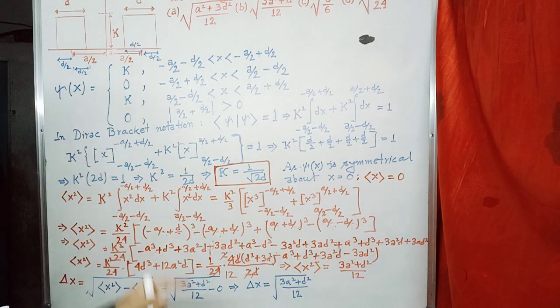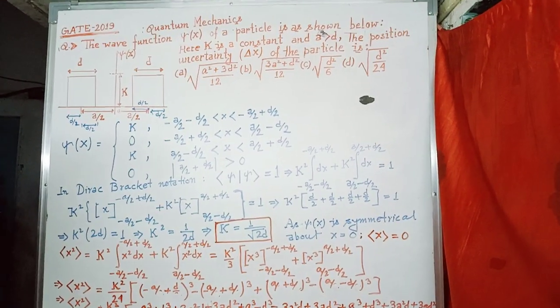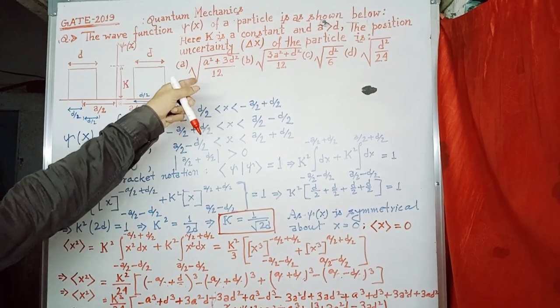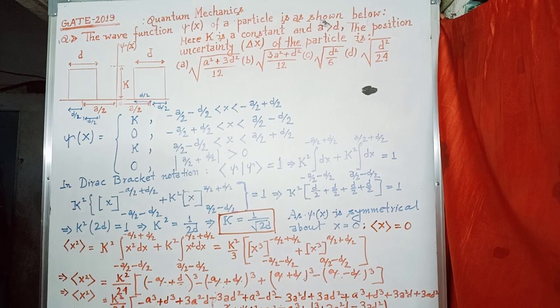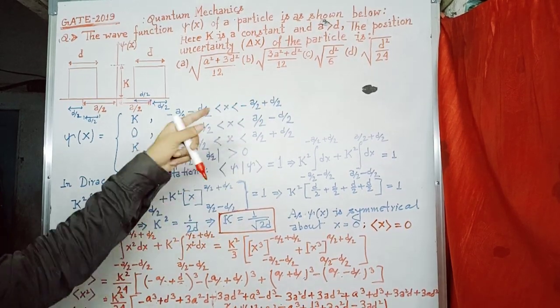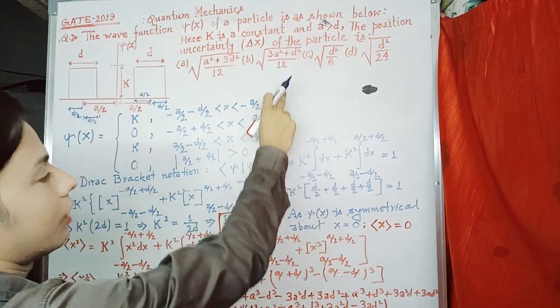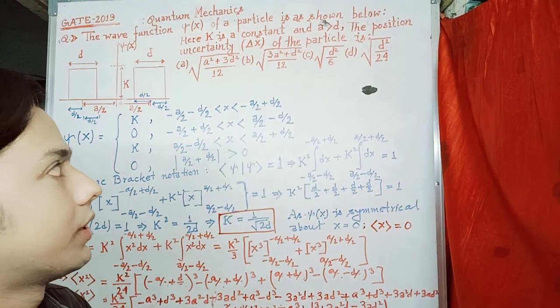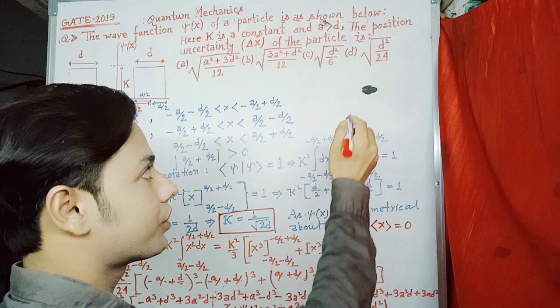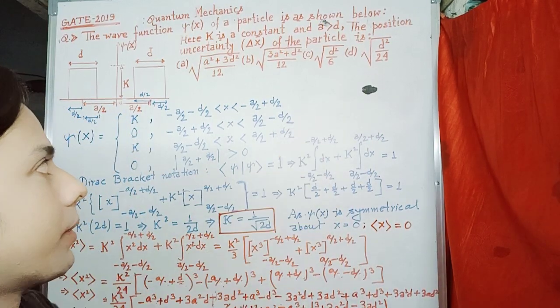Now as we are seeing, 4 options are given. In the first option its value is a square plus 3d square by 12. In the second option, del x is equal to under root 3a square plus d square divided by 12. In the third option it is under root d square by 6, and in the fourth option it is under root d square divided by 24.